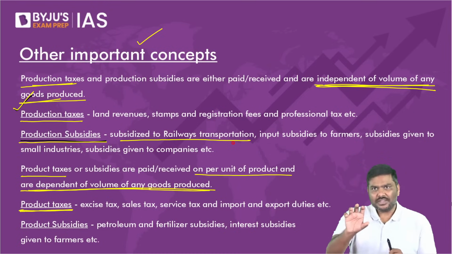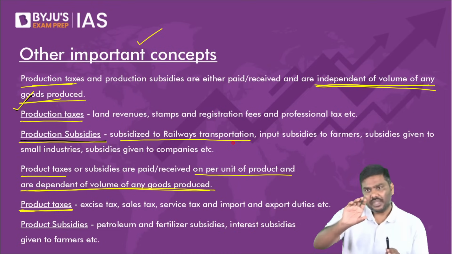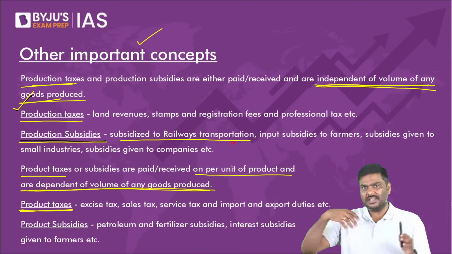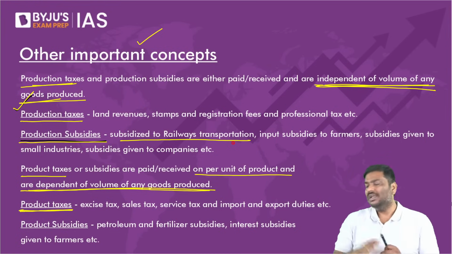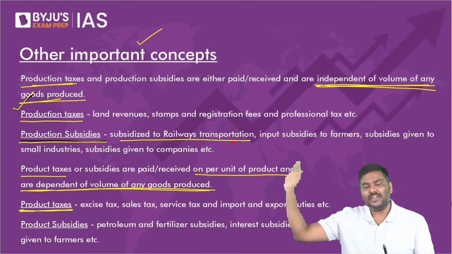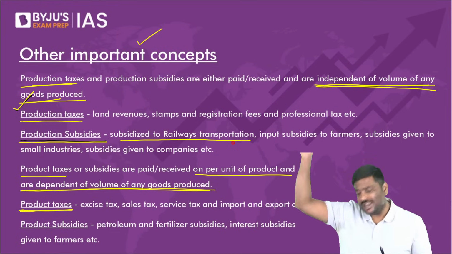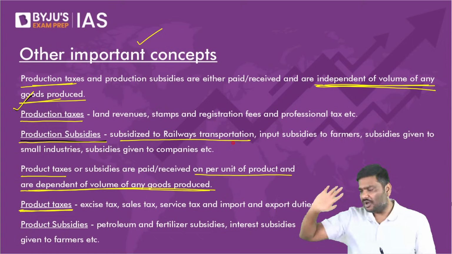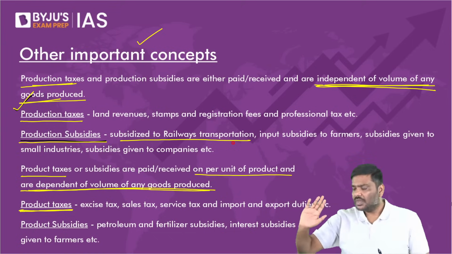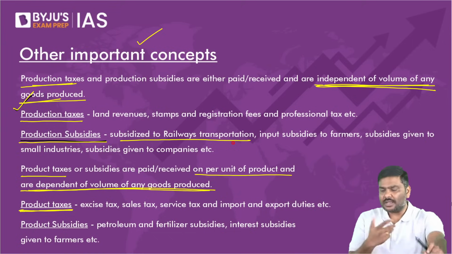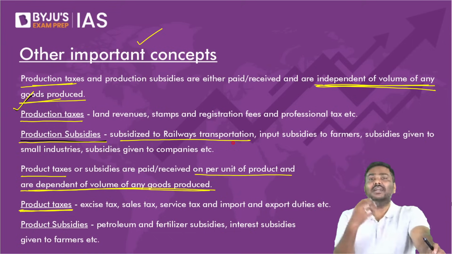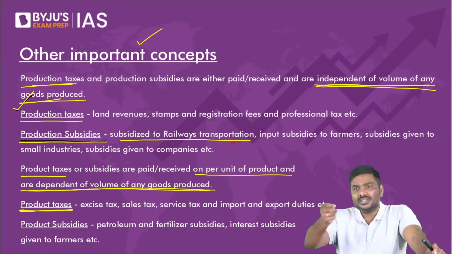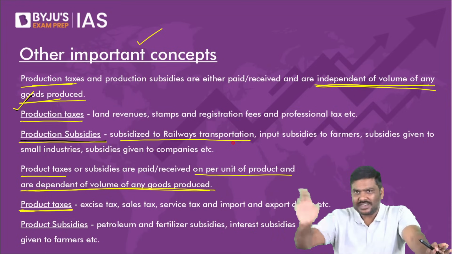In railways, if the cost of transportation is, let's say, 5 rupees per kilometer, railways will never charge you 5 rupees. It will charge less than 5 rupees. All of you will agree? Let me know. That is how railway subsidies are provided. The government ensures that the cost that you pay in railways is never the market price.